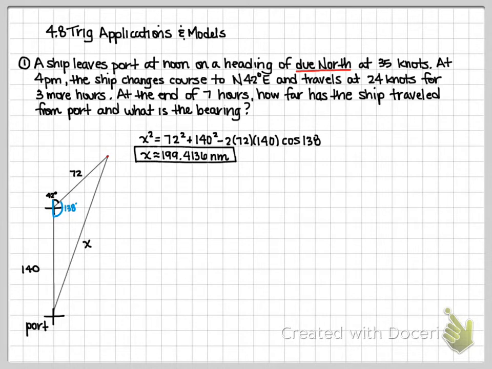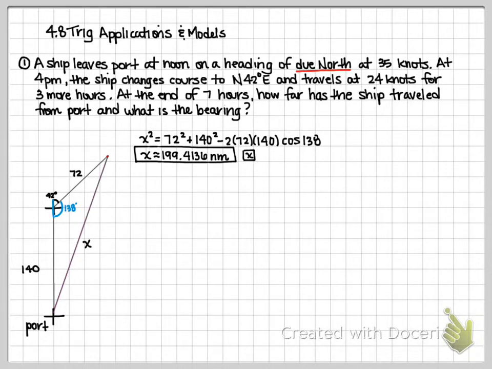Now I'm definitely going to be using this again, so I stored this as x in my calculator. Again, drawing my little button off to the side so I remember. Now I go back to the port. I want to take a look at the actual path of the boat. So if I were to take a look at the path of the boat in purple, it's that line.